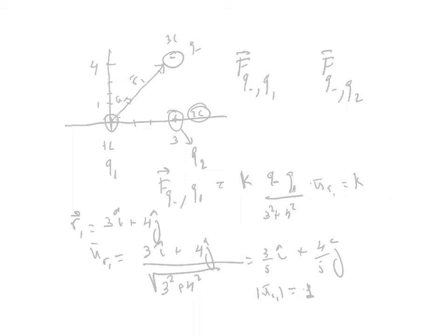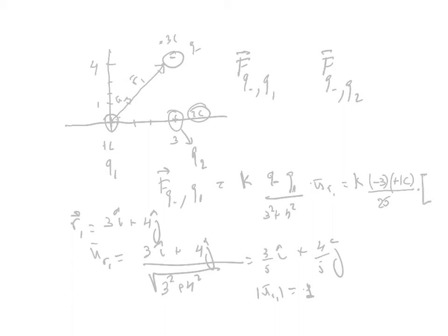Q minus, I said Q minus is minus 3 coulomb, Q1 is plus 1 coulomb, divided by the distance that separates, which is distance squared is 25, and multiplied by the unitary vector.